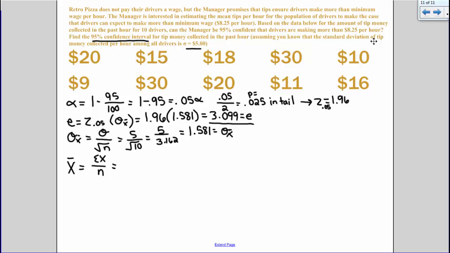All right. So 20 plus 15 plus 18 plus 30 plus 10 plus 9 plus 30 plus 20 plus 11 plus 16 divided by 10.